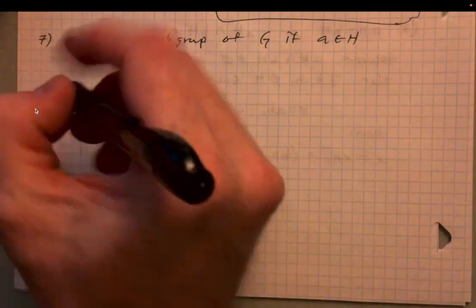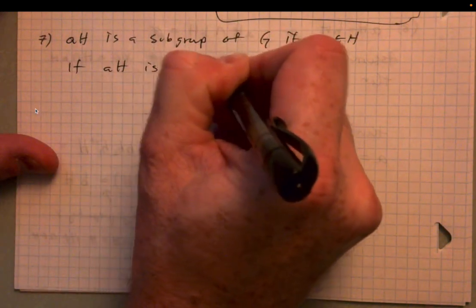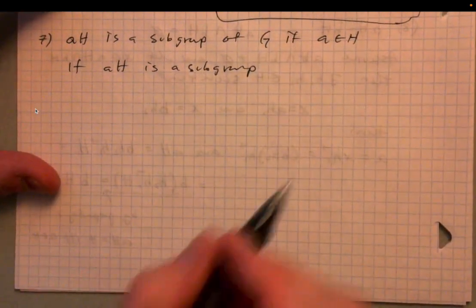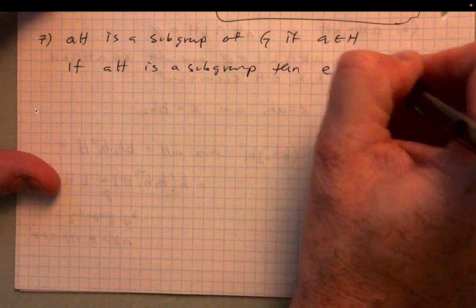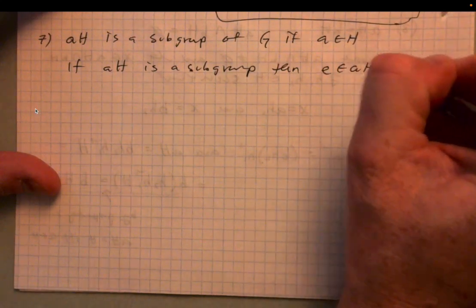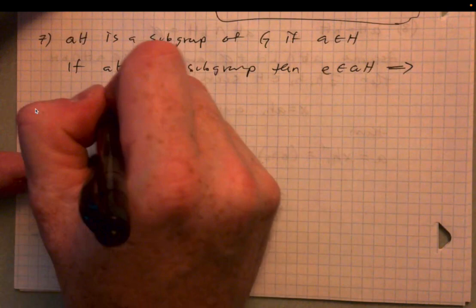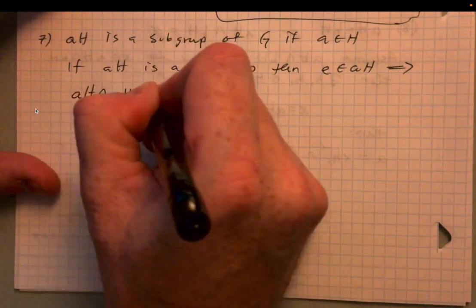So if AH is a subgroup, then E must be inside of AH, right? And that's going to imply that the intersection of AH and EH is not empty.